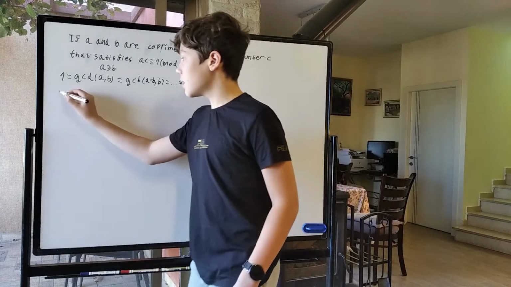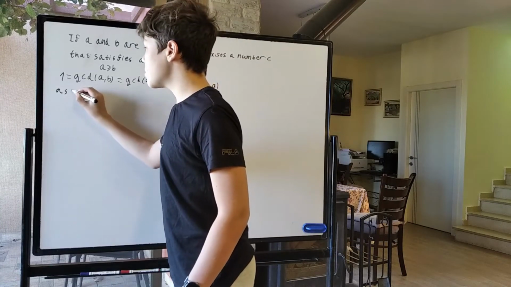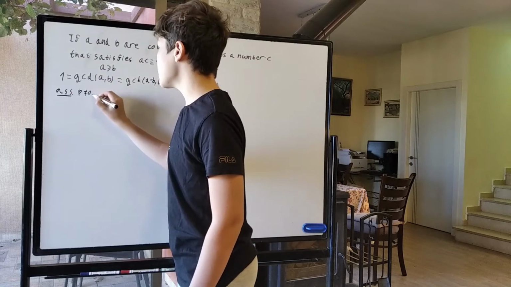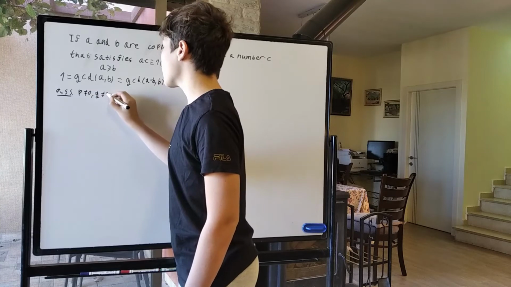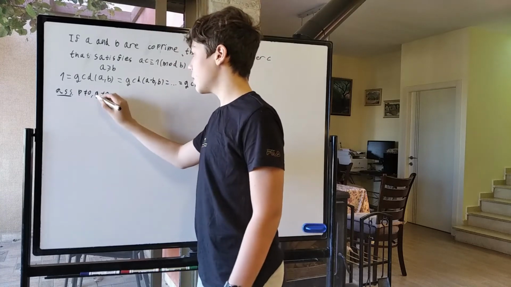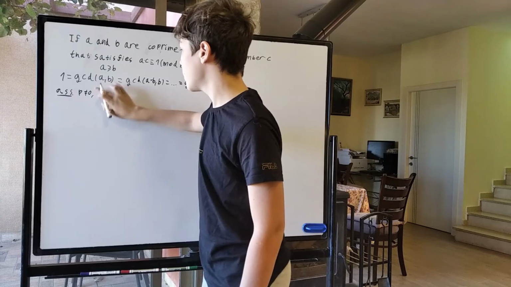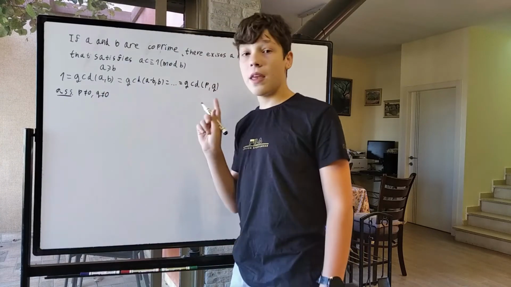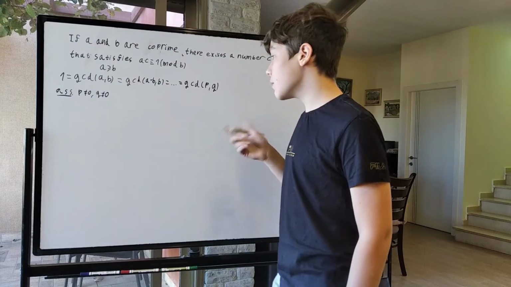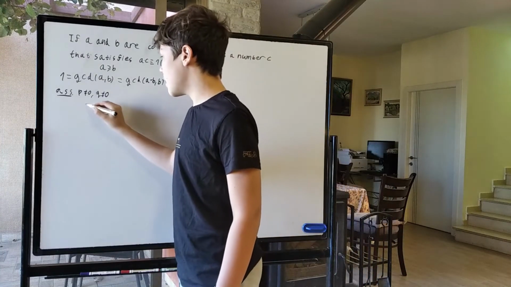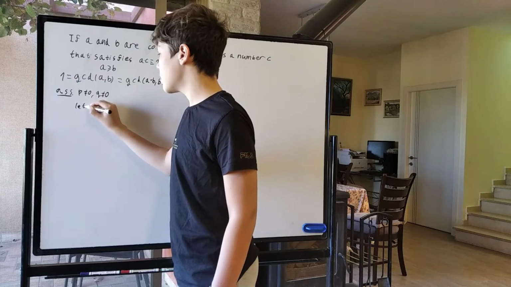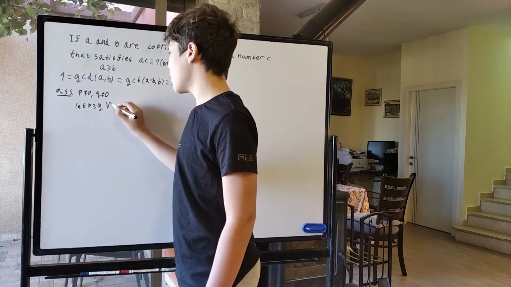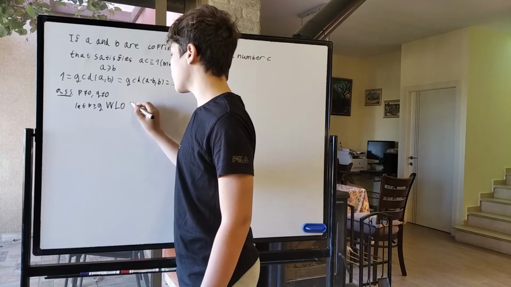So let's assume that P is different than 0 and Q is different than 0. Then, without loss of generality, we can again say, let P be bigger than Q.